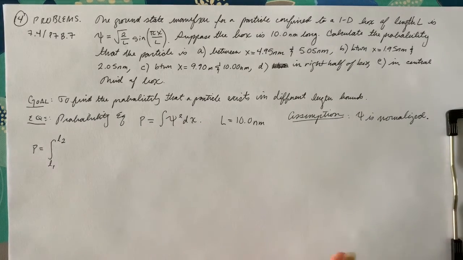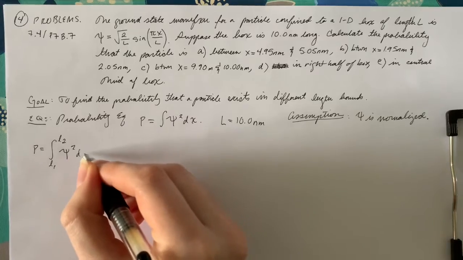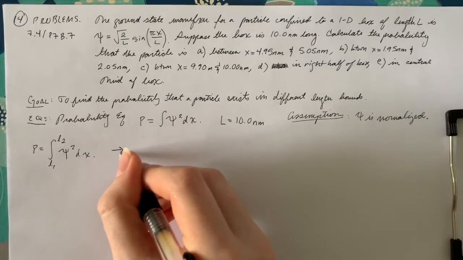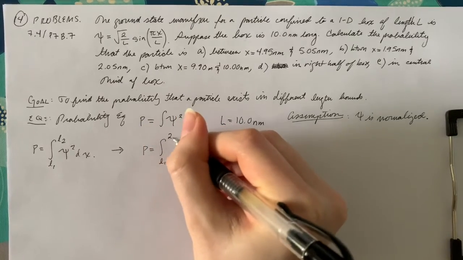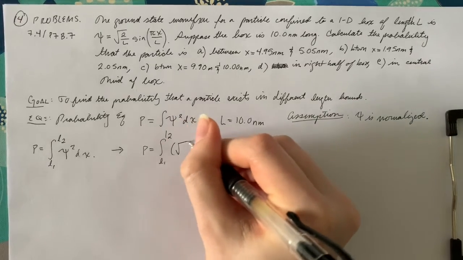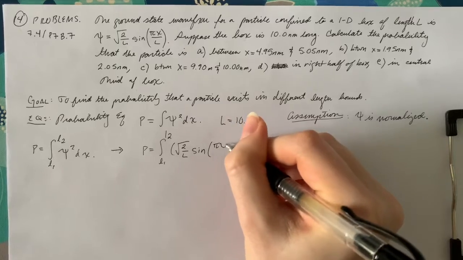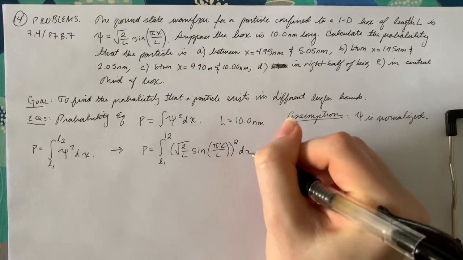And then in the end, we can just plug in all of the values so we don't have to do the same steps over and over. So integrate L1 to L2, psi squared dx, plug in psi squared. We get P equals, integrate from L1 to L2, root 2 over L, sine pi x over L, squared dx.